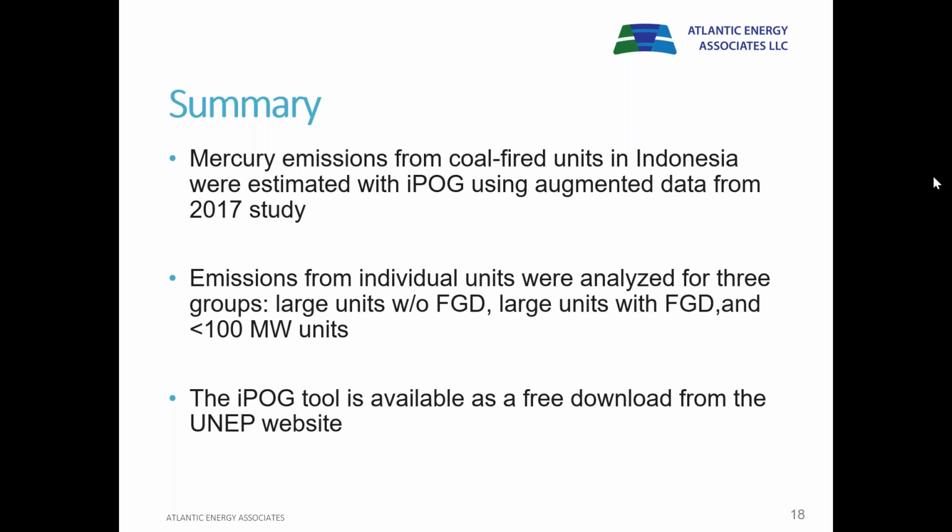We have divided our database into 3 sets: large units without FGD, large units with FGD, and smaller units, less than 100 megawatts. And of course, the iPOG tool is available as a free download from the UNEP website, the link that you were shown yesterday by Les.